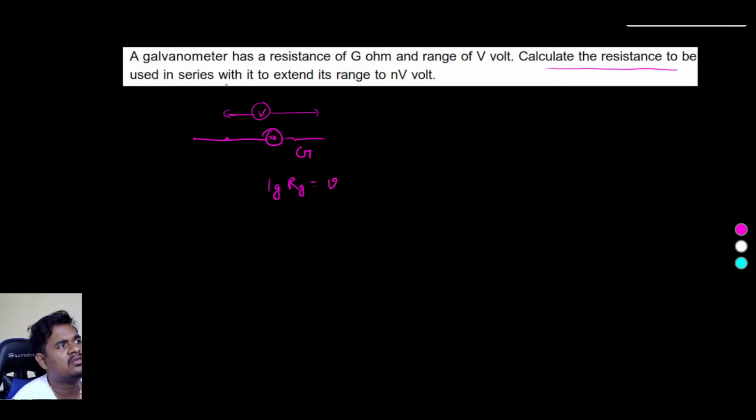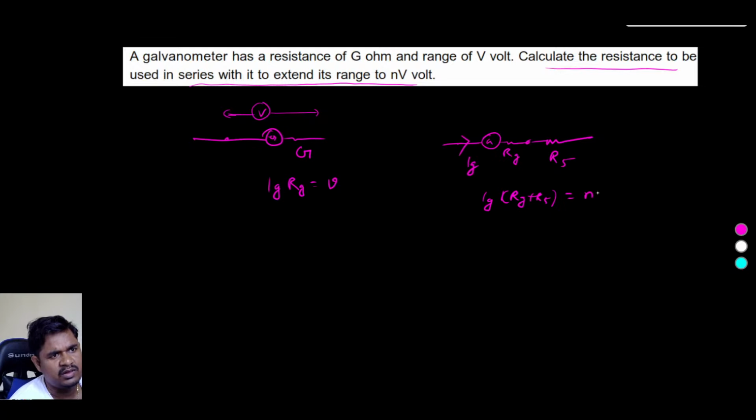Calculate the resistance to be used in series with it to extend its range to NV. How much resistance will I connect in series to this, so that its range becomes NV? So I will write Ig into Rg plus Rs must equal NV.